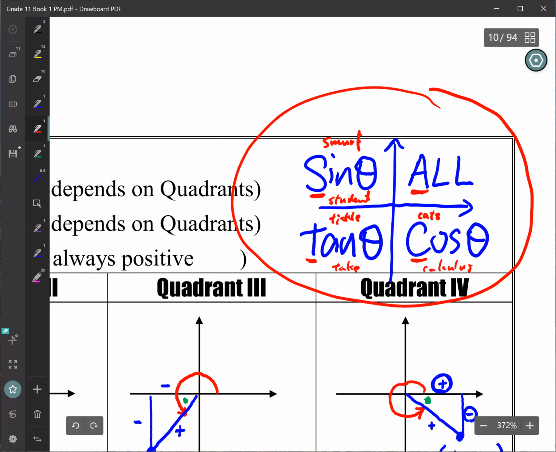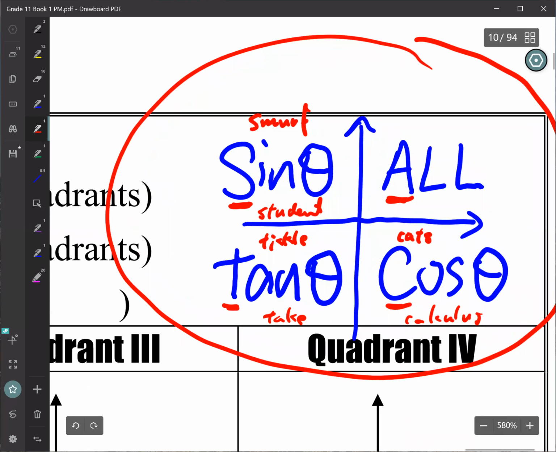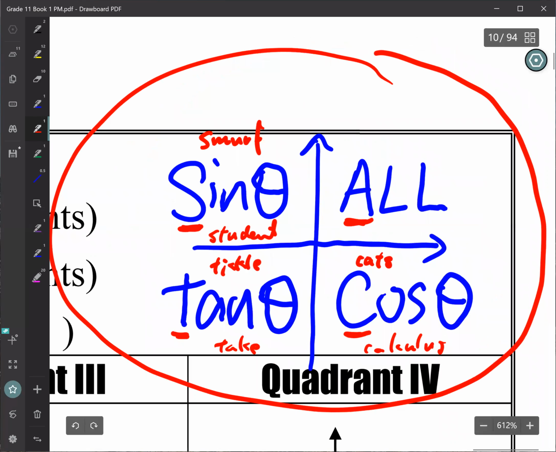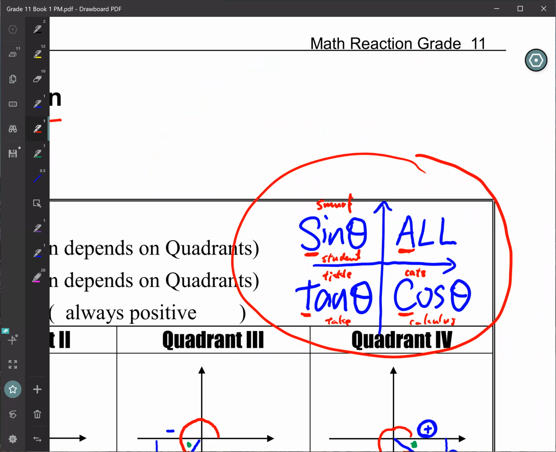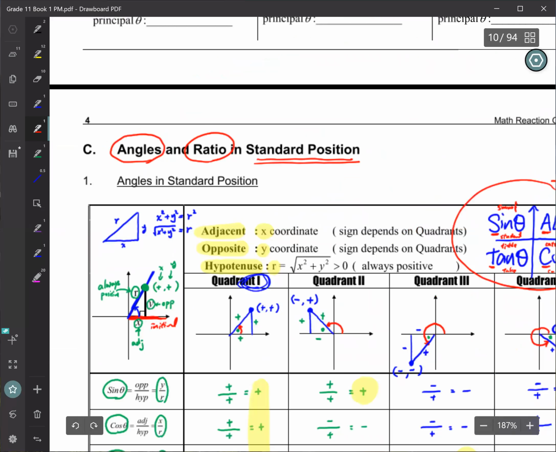I will give you a couple minutes to memorize this, and then I'll ask each one of you a question, and you have to answer me which quadrant, right? When you are ready, you can raise your hand. But when you are being tested, you cannot look at the chart. Just think in your head, remember this picture in your head.